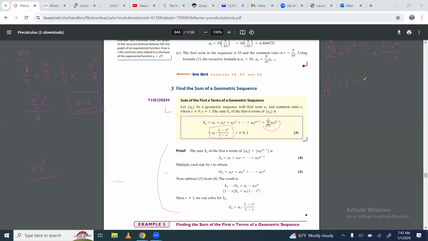And the fraction will deal with ratio of 1 minus 2 to the power of n divided by 1 minus 2. So please notice that 2 to the power of n, now I should be careful because my power is not n, but 1 less, right?